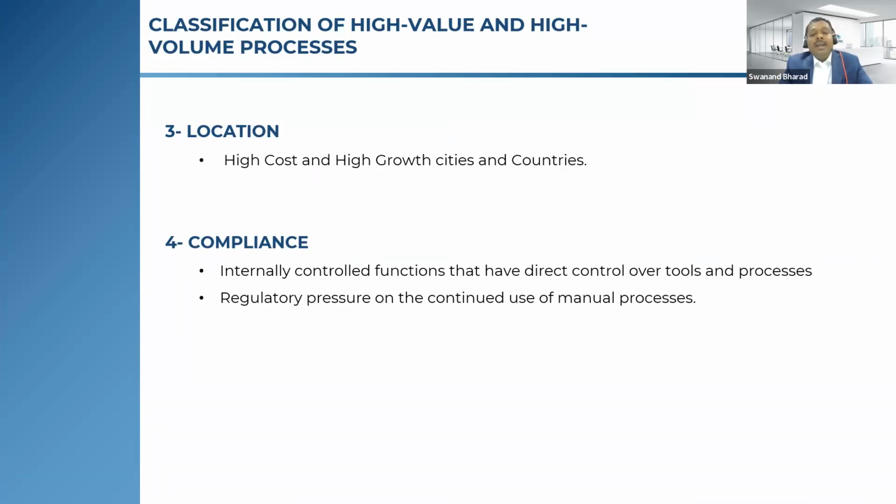So we need to first target those cities and countries where multiple people are working and where financial benefits are more. We will automate their processes on high priority. So prioritization is more important in such a situation.